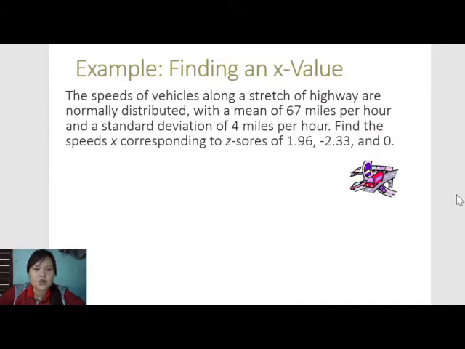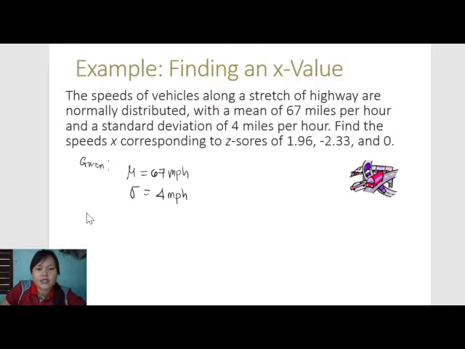Sample: supposing we have speeds of vehicles along a stretch of highway, normally distributed with a mean of 67 miles per hour and a standard deviation of 4 miles per hour. Find the speeds x corresponding to z-scores 1.96, negative 2.33, and 0. So we are given a mean of 67 miles per hour and a standard deviation of 4 miles per hour.